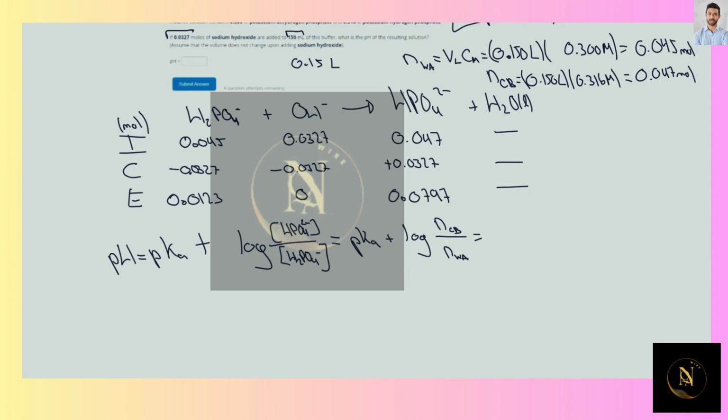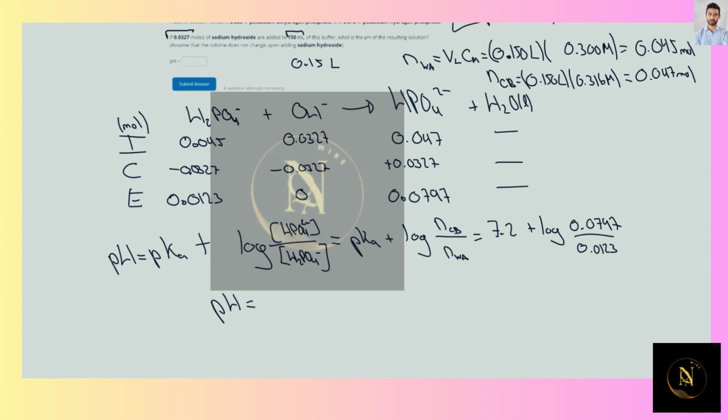We can do directly the operation with the amount of mole. So the pH would be equal to 7.2 plus the logarithm of 0.0797 over 0.0123. In this case, we're going to have more of the conjugate base than we have of the weak acid, so we're going to expect that the pH is going to be higher than the value of the pKa.